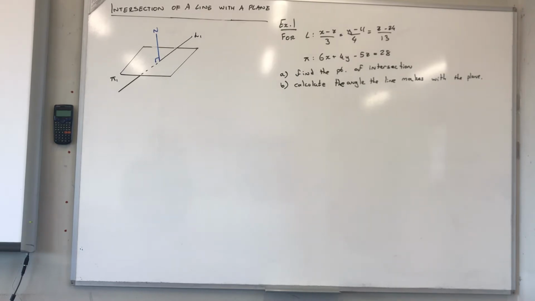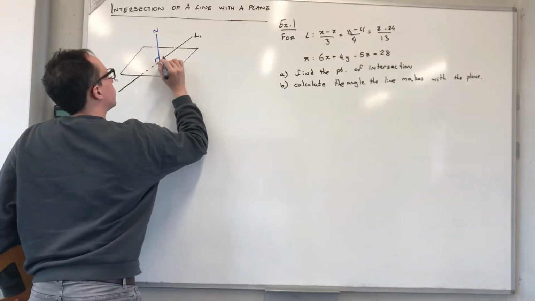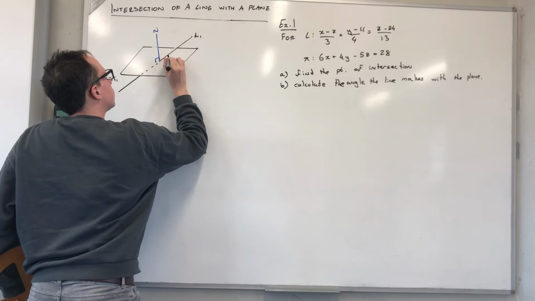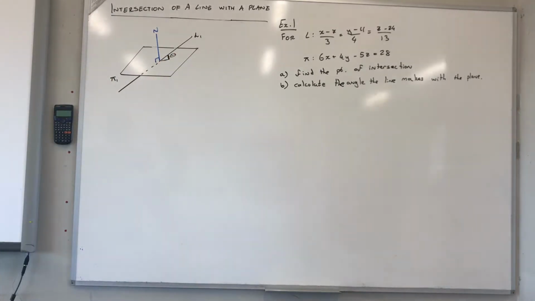What we're trying to find is theta, the angle that the line makes with the plane. We could find the angle that the normal makes with the line and take it away from 90, because we know it's got to be less than 90.